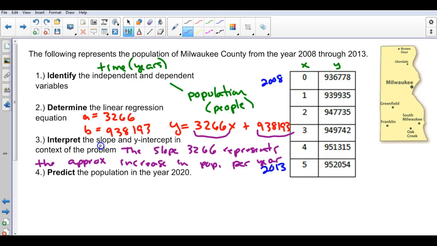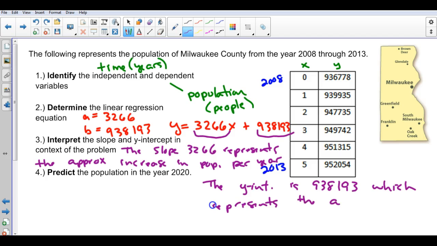The other thing I want to do is identify what the y-intercept means in this case. So the y-intercept is 938,193, and what that's going to do is represent the approximate population in 2008.